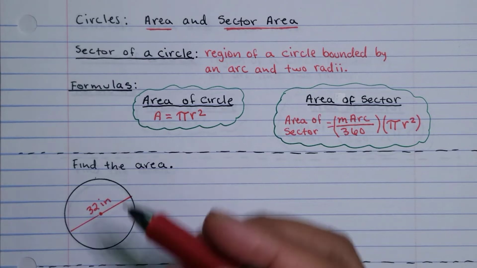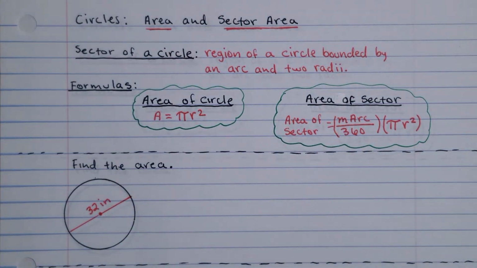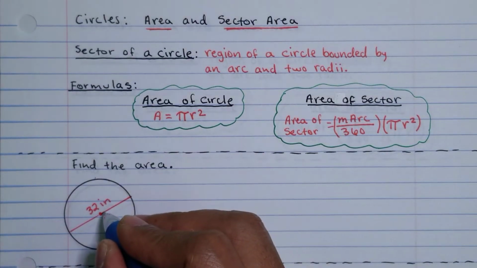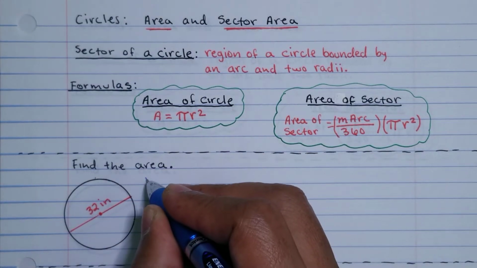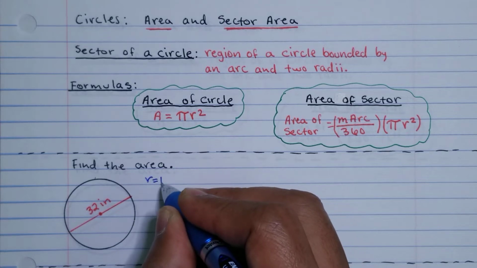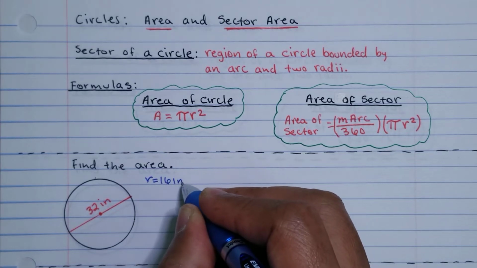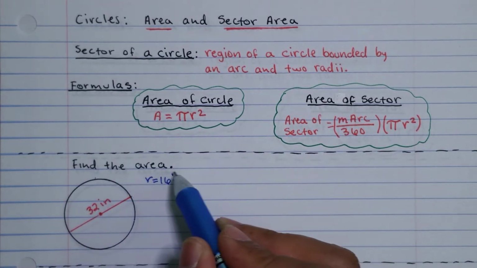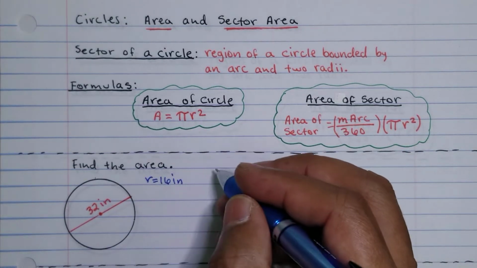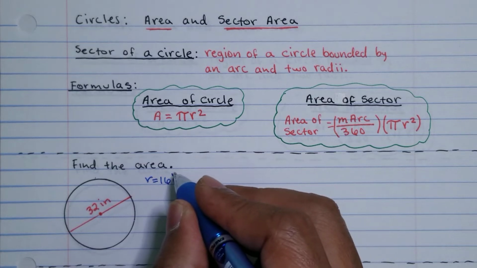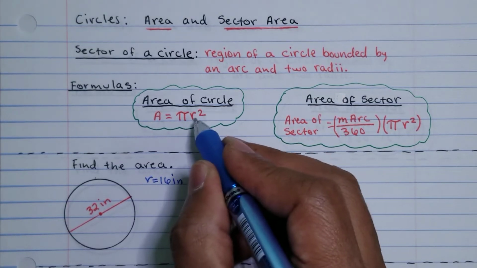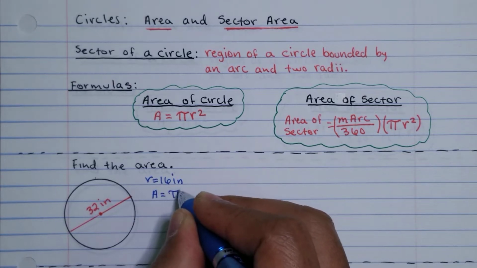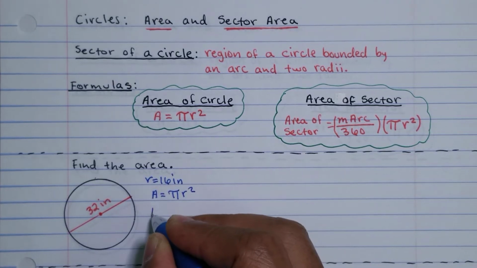First of all, we know that this is the diameter. So the diameter is 32, which means the radius is equal to 16 inches. Since I'm being asked to find the area of the circle, I'll just leave your answer in terms of pi. So I'm just going to use that formula here. The area is equal to pi times the radius squared.